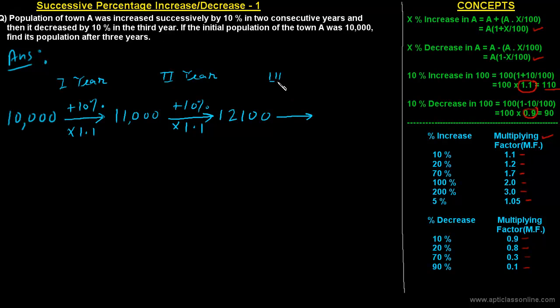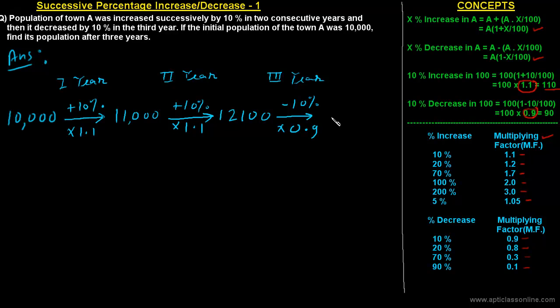Then it says that it decreased by 10% in the third year. So in the third year it is decreased by 10%. If the population is decreased by 10%, then what will be the suitable multiplying factor? 0.9. We have seen here.